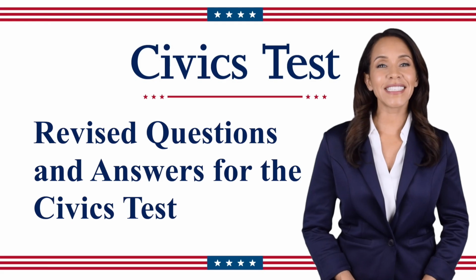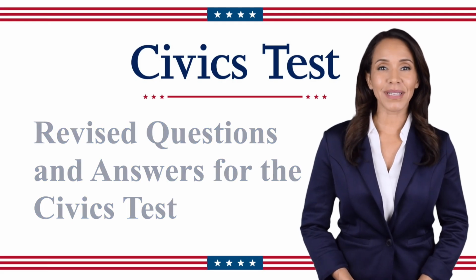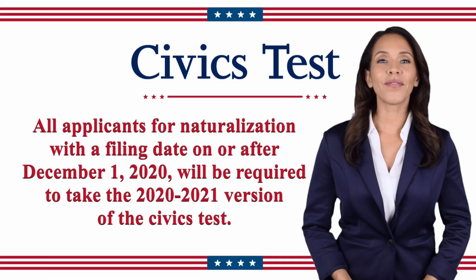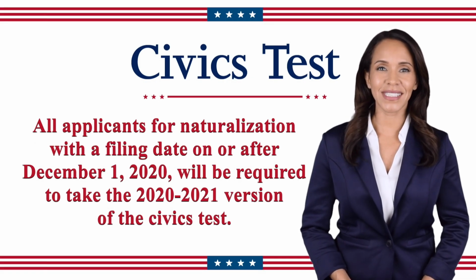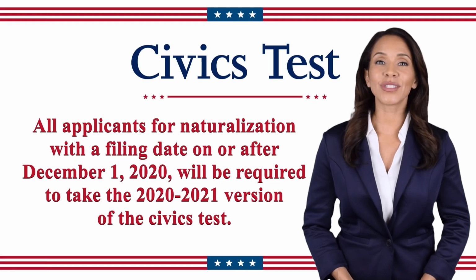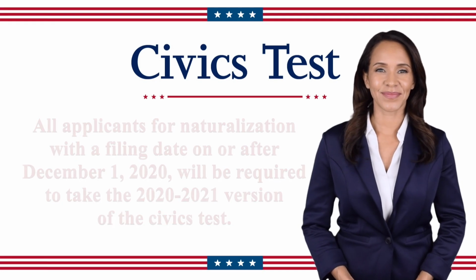USCIS has revised the civics portion of the naturalization test. All applicants for naturalization with a filing date on or after December 1st, 2020 will be required to take the 2020-2021 version of the civics test.